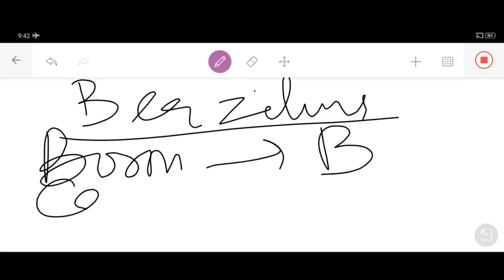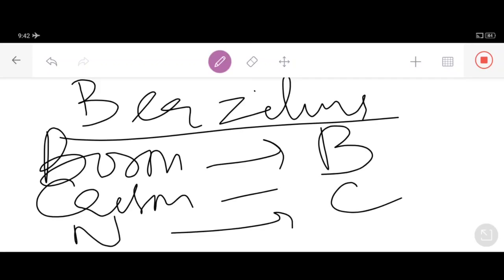Like carbon is symbolized as C, nitrogen as N, hydrogen as H, sulfur as S. So this concept was given by the scientist Berzelius. He came after Dalton because Dalton symbols were very difficult to remember.